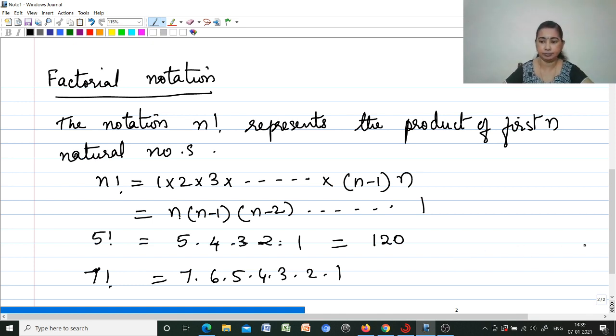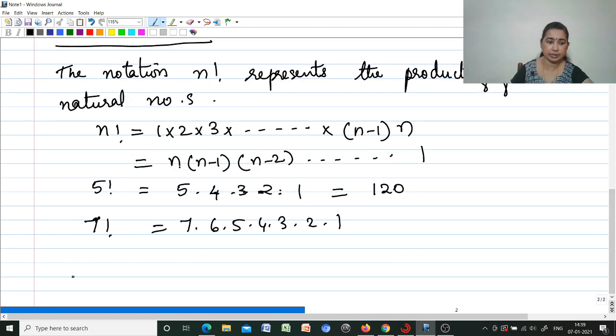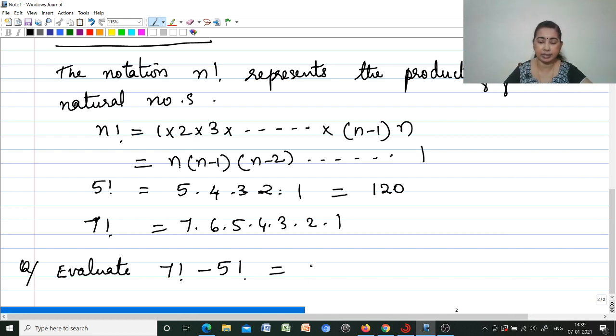Then the next question: evaluate 7 factorial minus 5 factorial. You can see that 7 factorial is 7 into 6 into 5 factorial, because 5 factorial is 5 into 4 into 3 into 2 into 1, and 7 factorial is 7 into 6 into 5 into 4 into 3 into 2 into 1.